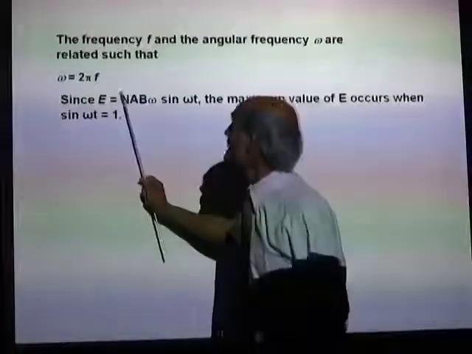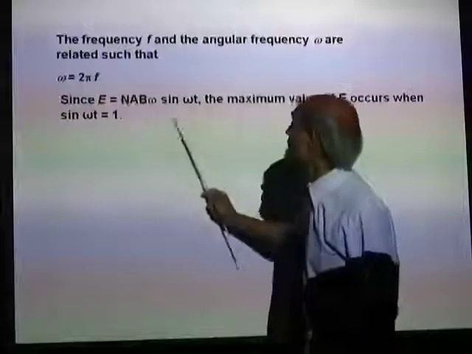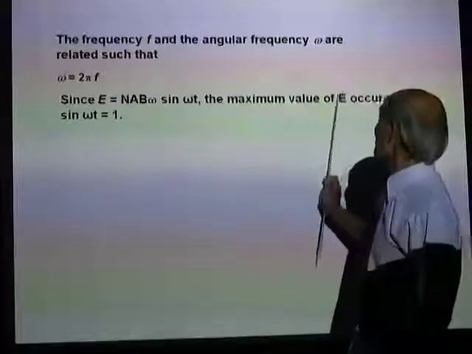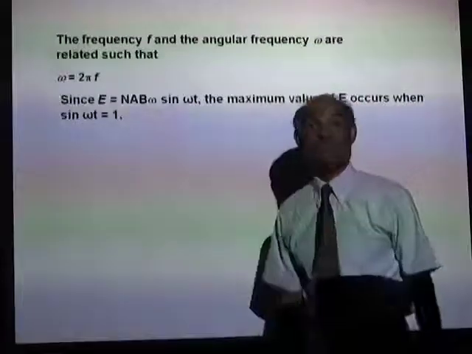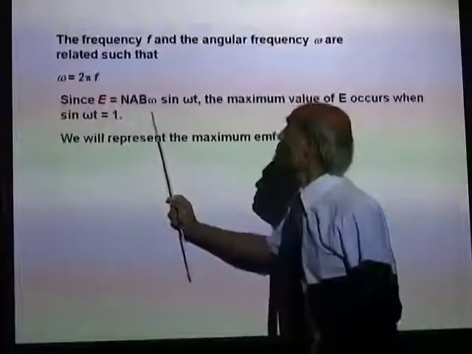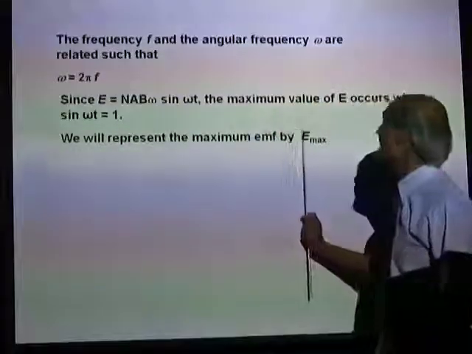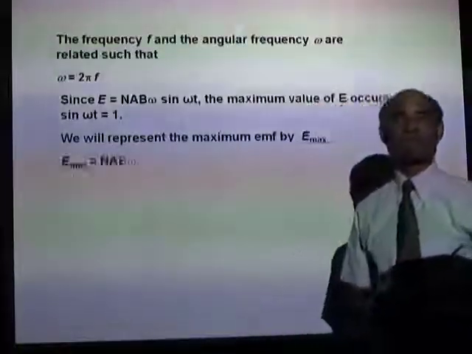Now, since E equal to NAB omega sine omega t, the maximum value of E occurs when sine omega t is 1. And we will represent this quantity NAB omega as E max because that is the maximum value of the EMF.